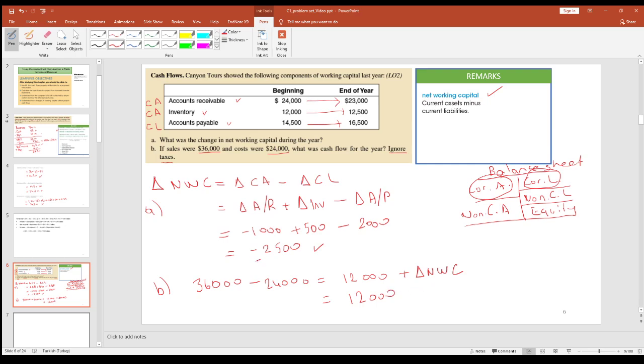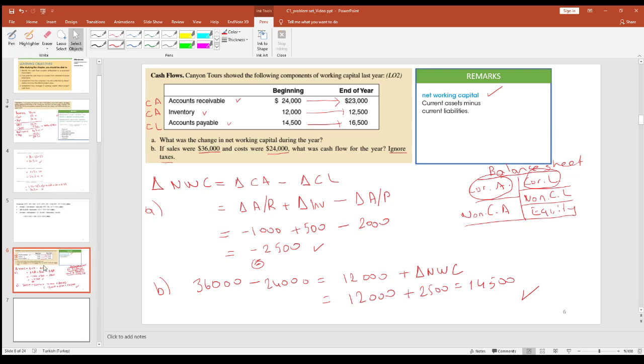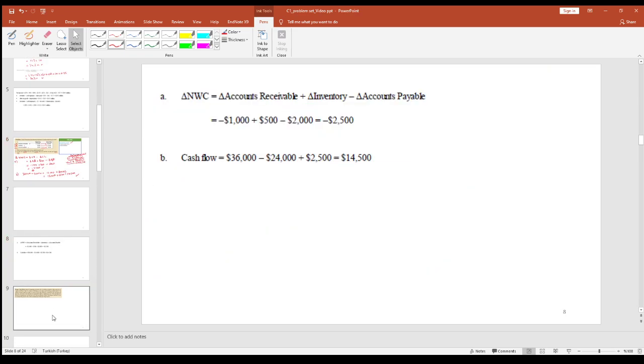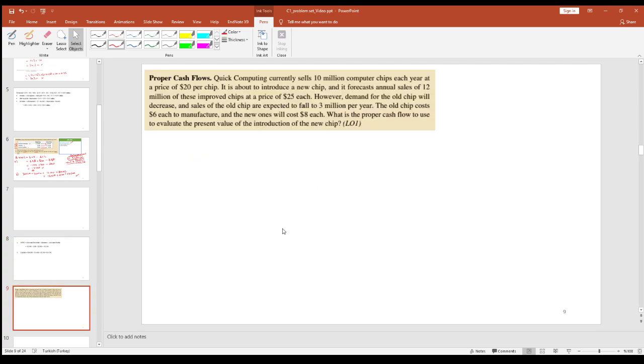Since this is negative, it means I spent an additional $2,500 here, so that's why I add this back. The result will be 14,500. Okay. You can also see the result in a better way of writing.